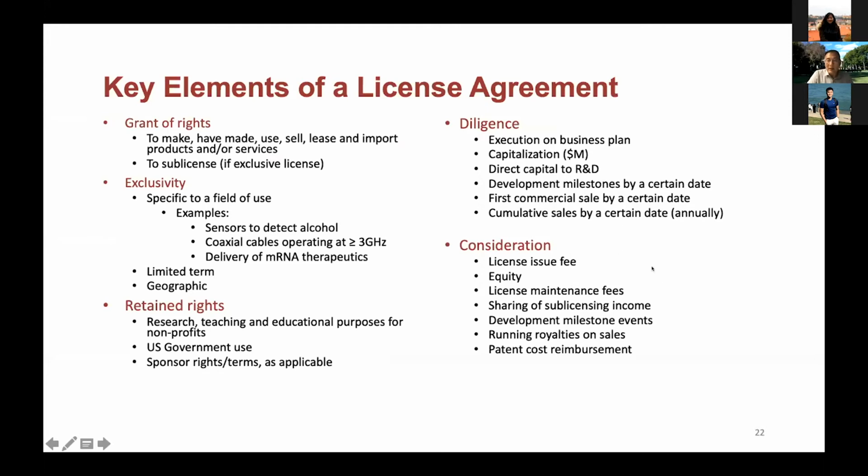So you can take a look yourself. I would say this is mainly useful for the technology license officers. For entrepreneurs, it's good to know what is in the license officer's mind, right? So it's good to know this beforehand.